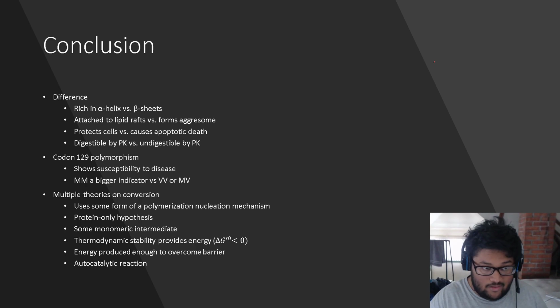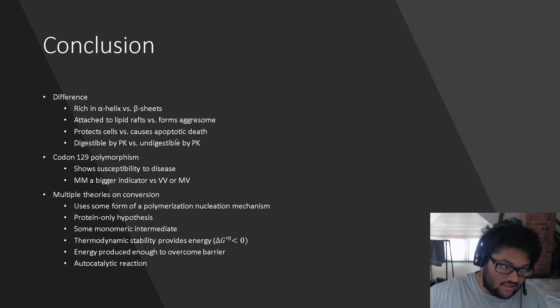One is digestible by PK, the other one is non-digestible by PK. With familial, it is a codon 129 polymorphism of the PRNP protein, which shows susceptibility to disease, and methionine homozygosity is a much bigger indicator than valine homozygosity or methionine-valine heterozygous patients.